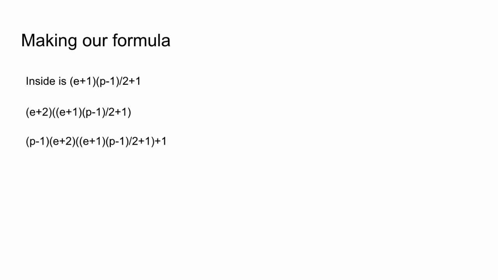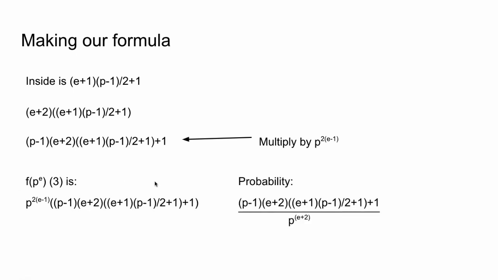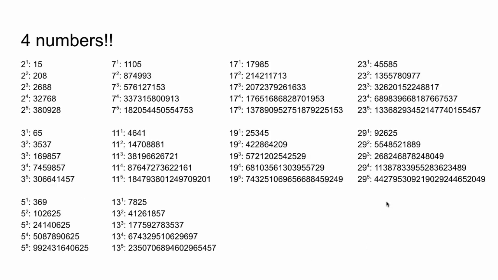And then where before we were multiplying by p^(e-1), you might remember that, now we're going to multiply by p^(2(e-1)) because we went up by 2 in each prime power we multiplied by instead of 1. Okay, so here's the formula to calculate f(p^e), and here is the formula to calculate your probability. Okay, 4 numbers.